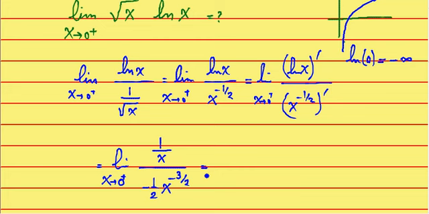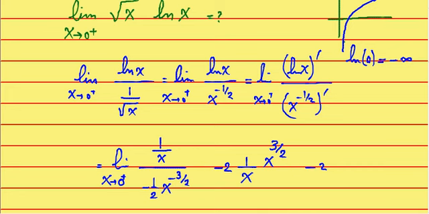We might as well try to clean this up. I'll write this as 1 over x. X to the power of minus 3/2 can be written in the numerator as x to the power of 3/2. 1 over minus 2, that's going to be minus 2. Simplify this thing one more time. I have minus 2. I forgot to write my limit words.